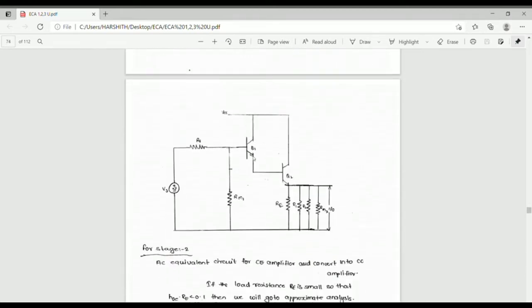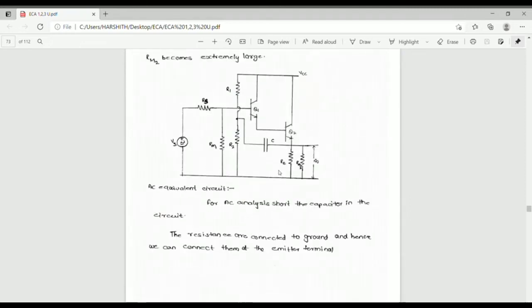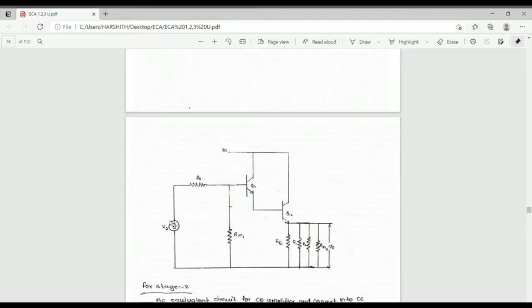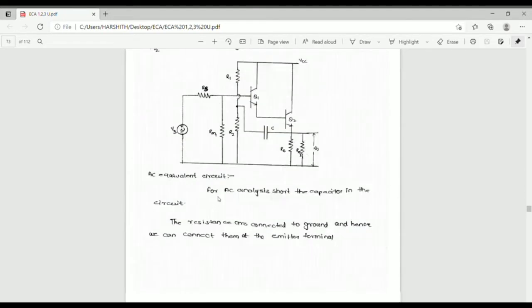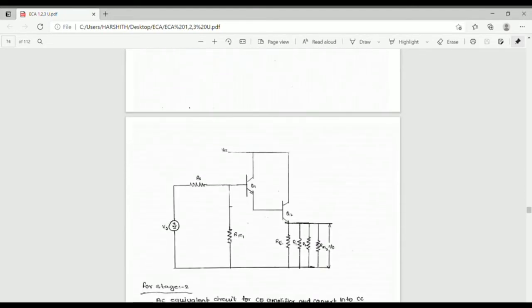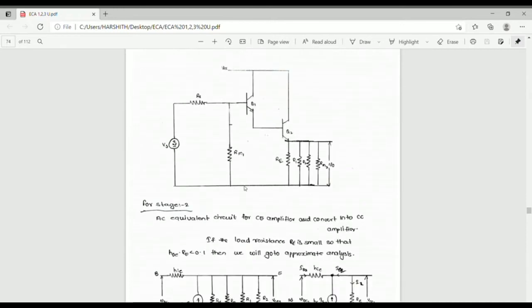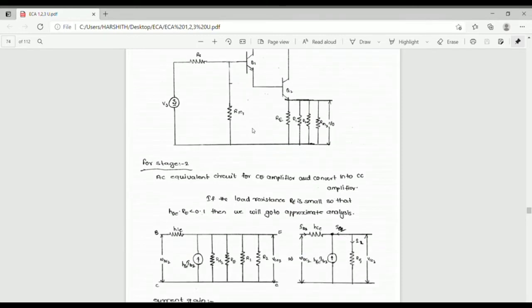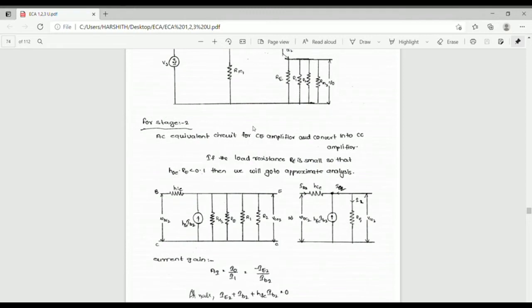We have RS, VS, RS and RM1. The remaining resistors are all in parallel: RE, R1, R2 and RM2 are parallel. The first transistor's emitter is given to the second transistor's base. This is the modified diagram for stage 2.